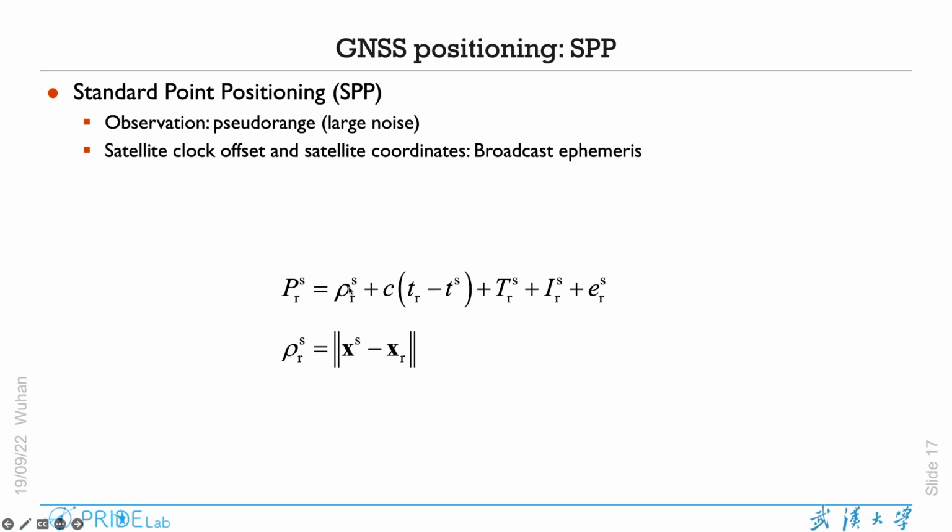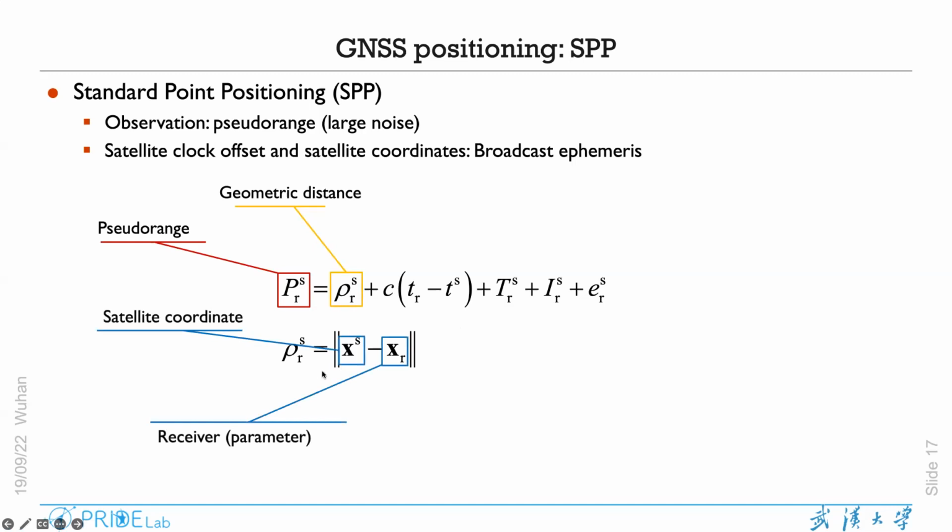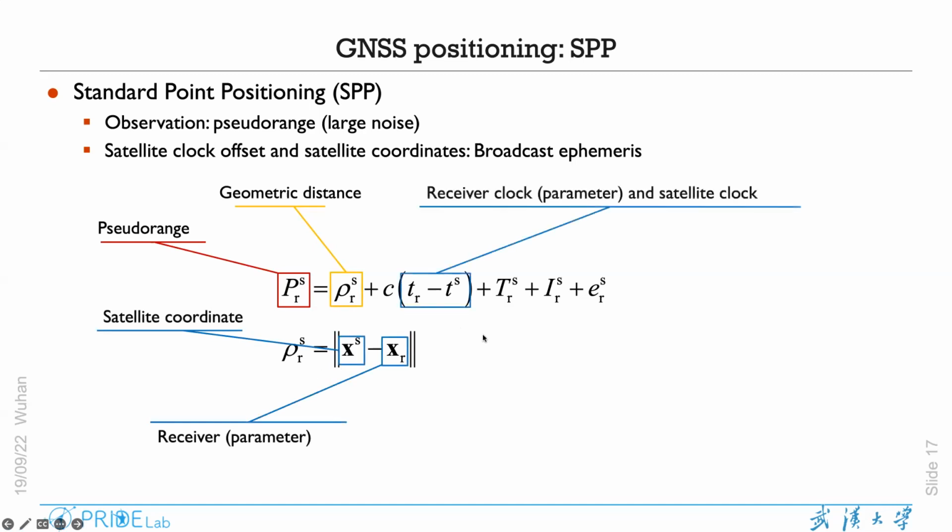So finally, we can only achieve a middle level positioning precision using standard point positioning. Here are the pseudo-range measurements, the geometric distance, and these are the clock terms. I'm not going to introduce this equation further, because nobody likes equations.